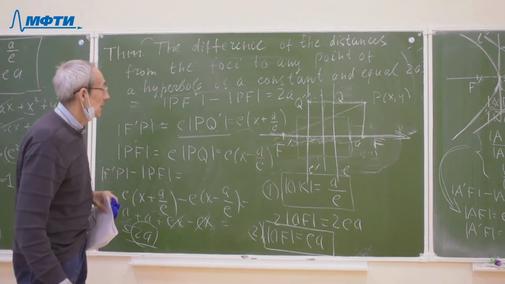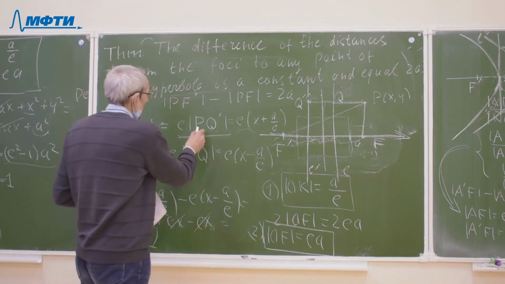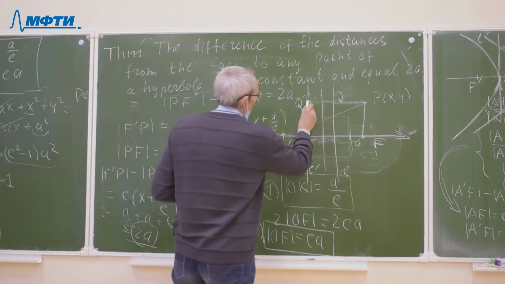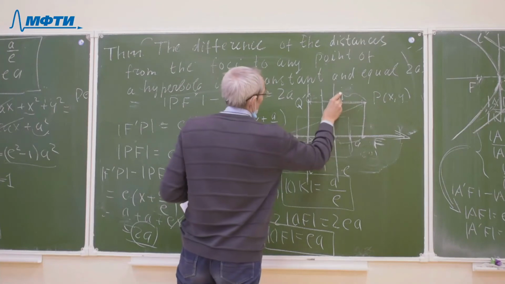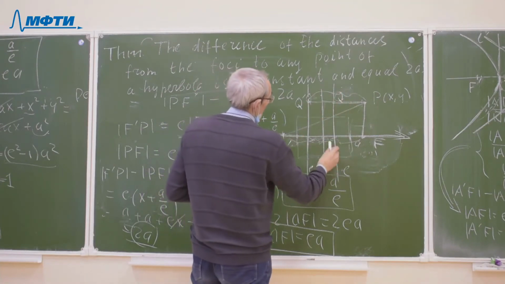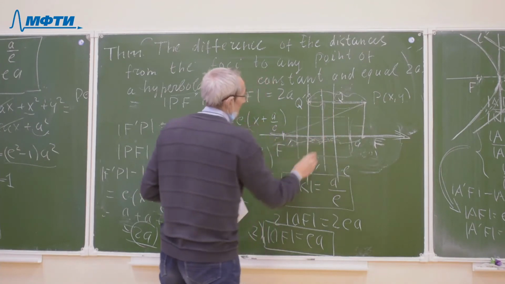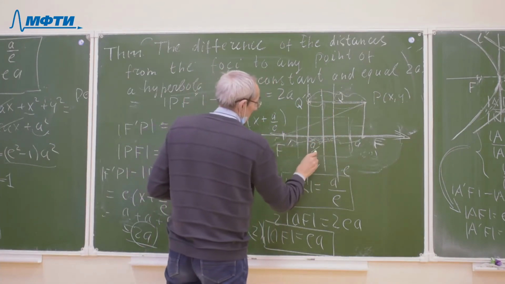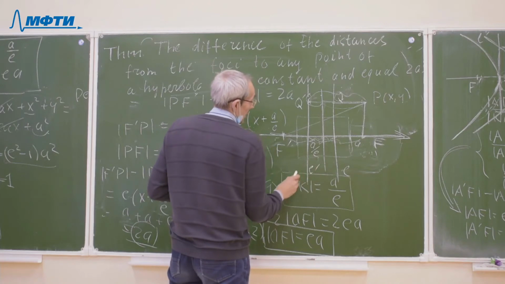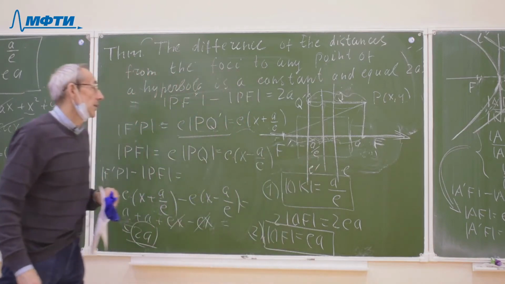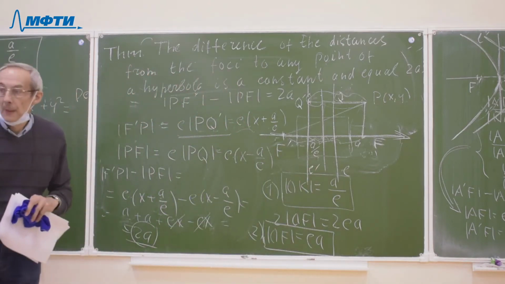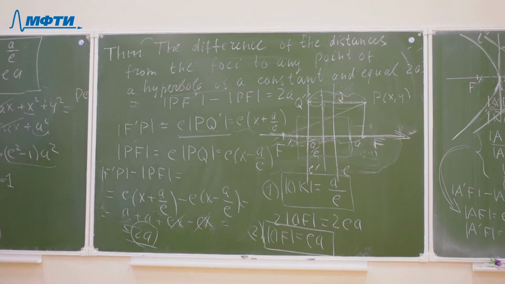And the main observation is that the distance PQ prime is equal to the sum of x and this quantity, which is equal to the ratio A over E. Maybe an equation.